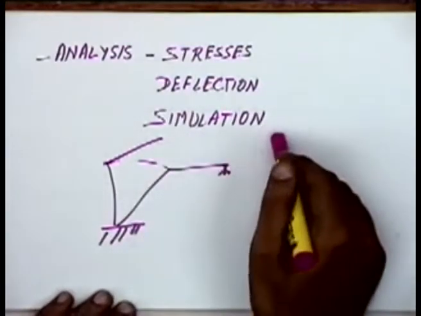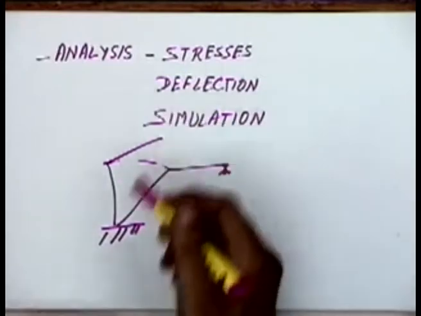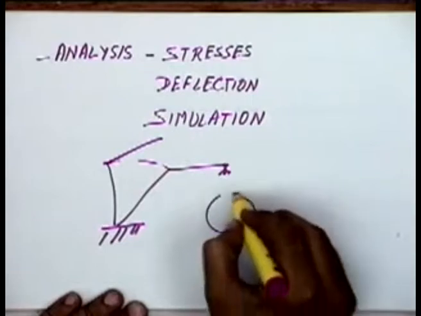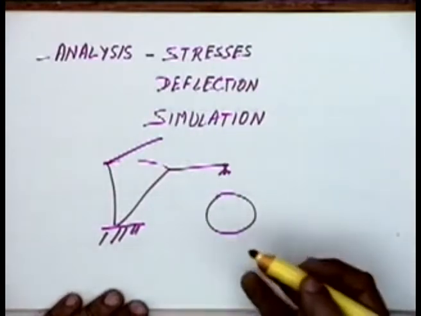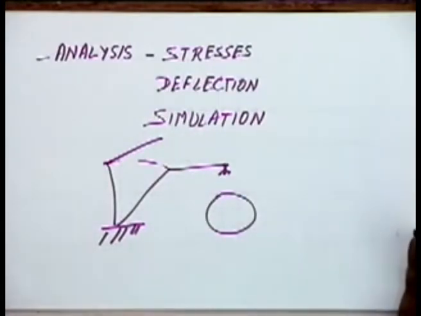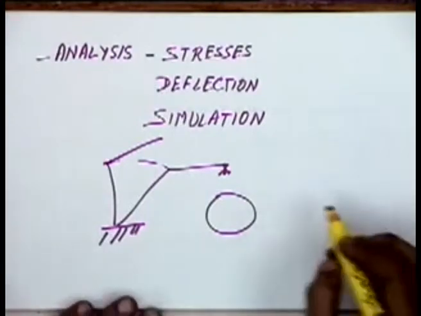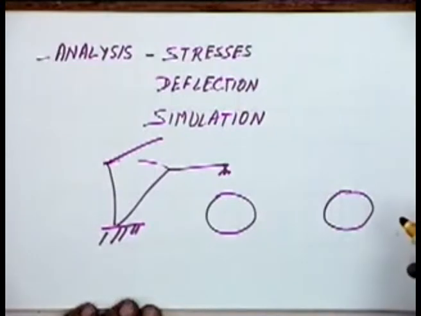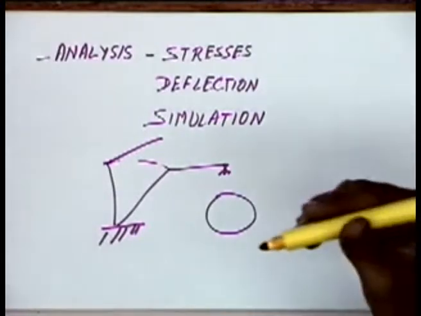Another very important application of this kind of analysis is, let us say we have one object. This object can be a very complex object, maybe a car or a bus, and we have another object which is maybe another car or a two-wheeler. They meet in a head-on collision.